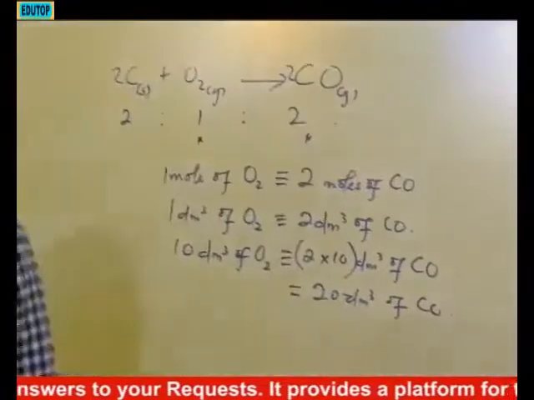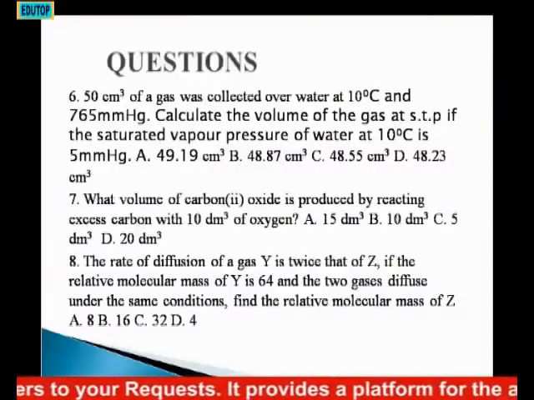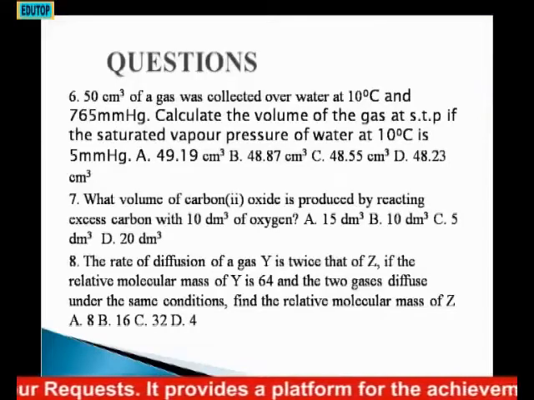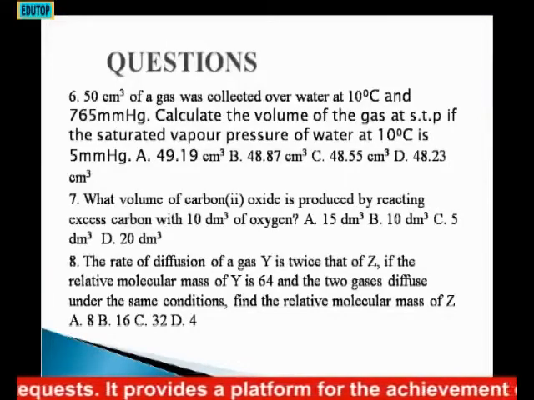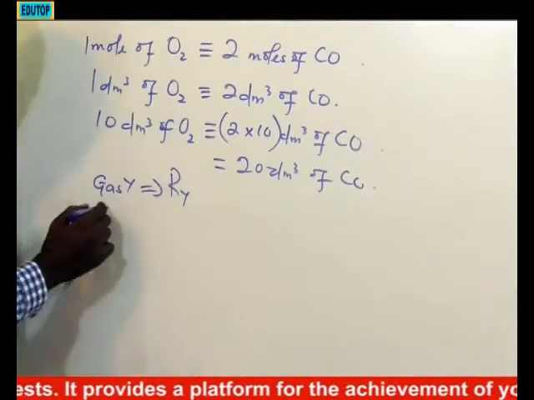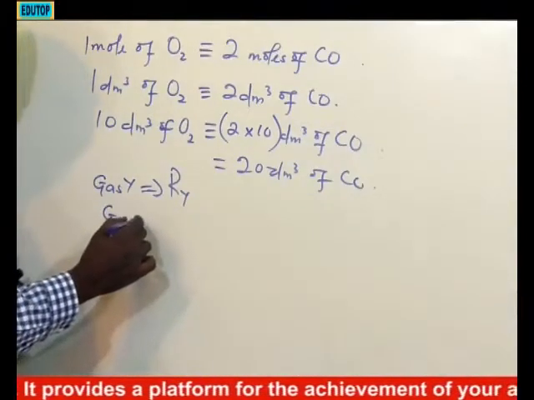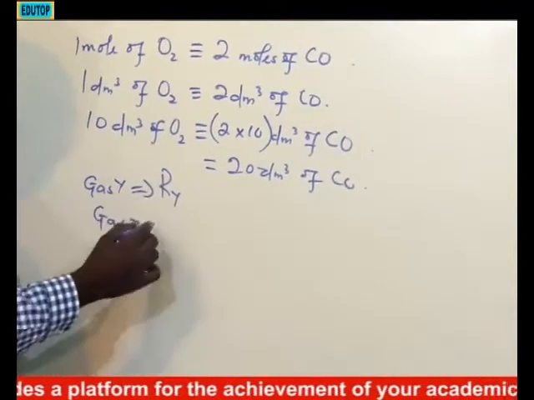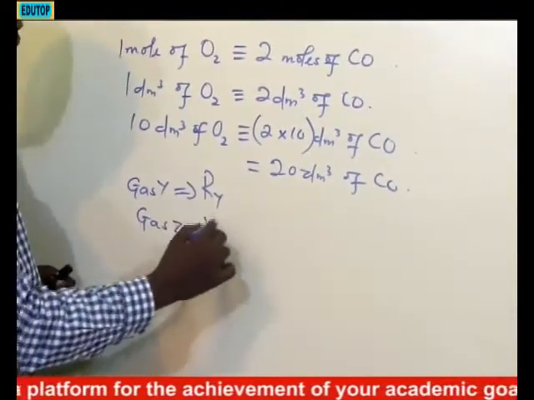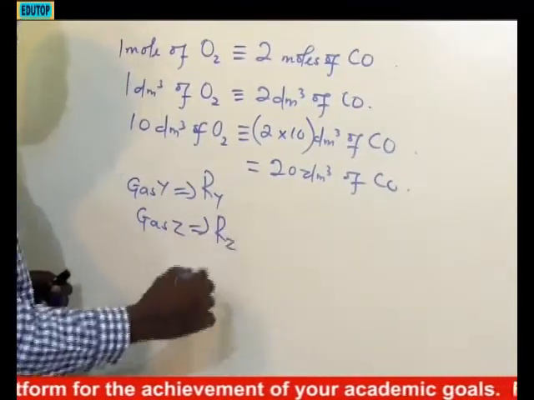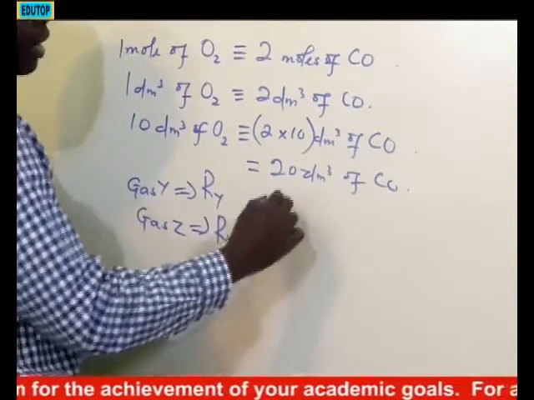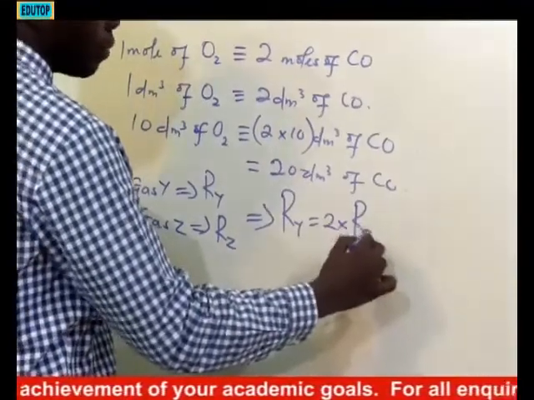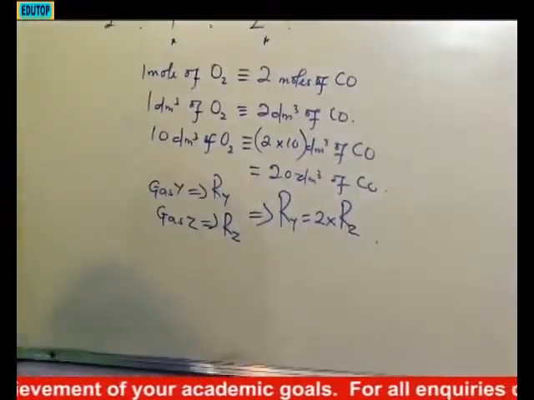So the next question says that the rate of diffusion of gas Y is twice that of Z. So we also have gas Z. So if I want to relate that mathematically, the rate of diffusion of Y is 2 times that of Z. That's what they are telling us.